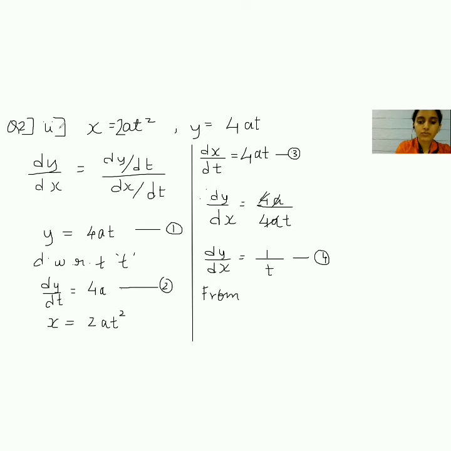that is from equation 1. From equation 1, t is equal to y upon 4a.